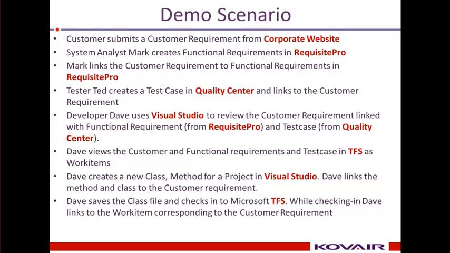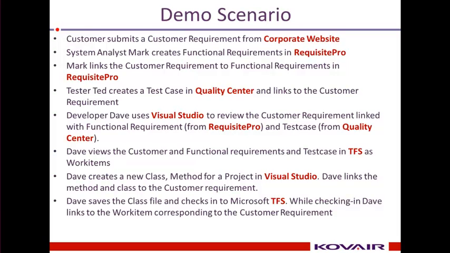Then we'll see Dev, a developer, start with Visual Studio, and within Visual Studio, you'll be able to see all the different items we have so far created: the customer requirements submitted from the corporate website, functional requirements from Requisite Pro, test cases from Quality Center. Sitting in Visual Studio using the Kovair plugin, he will be able to see all of those things.